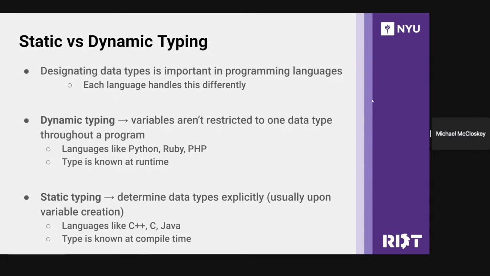So if you have an integer, i is going to be an integer throughout the entire program. And that basically is used in order to make your program run more smoothly. It can also be very useful to keep your data types the same just for readability. And yeah, next slide.